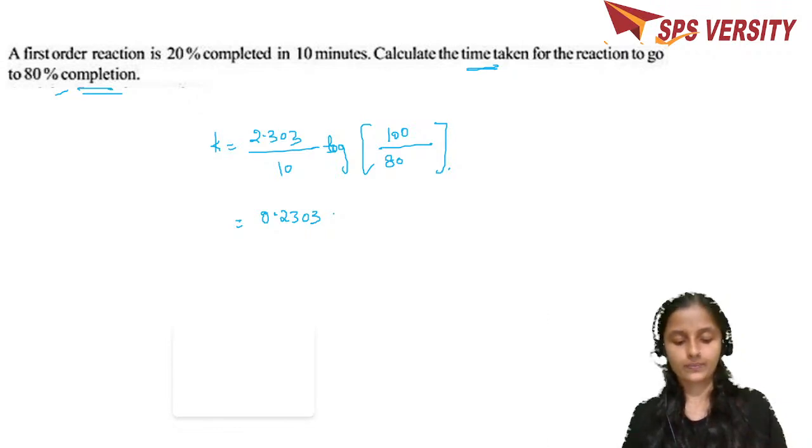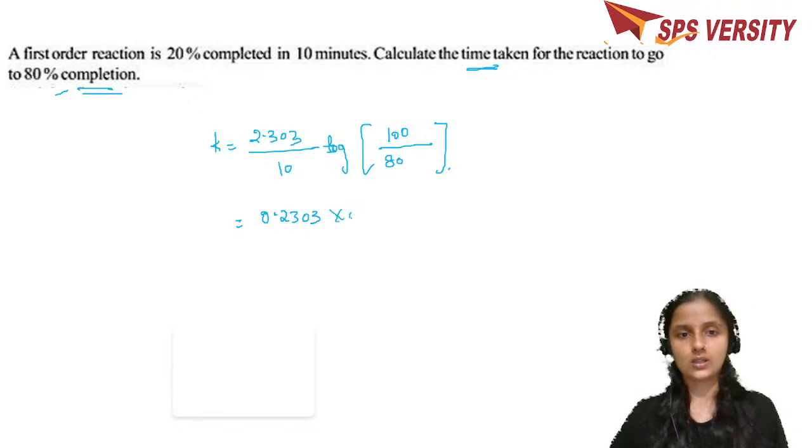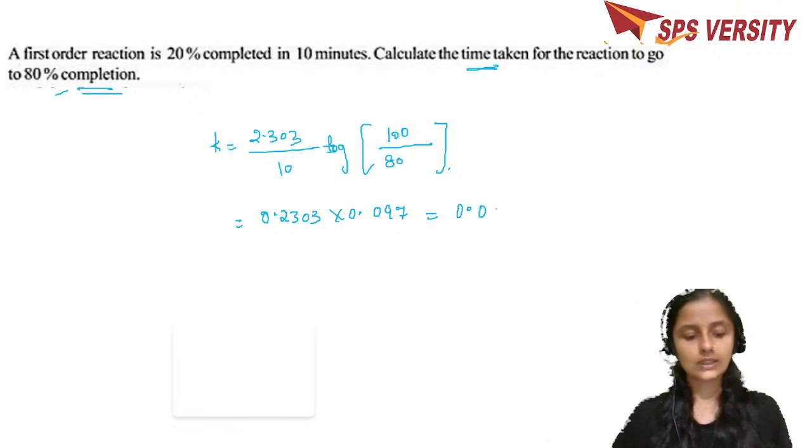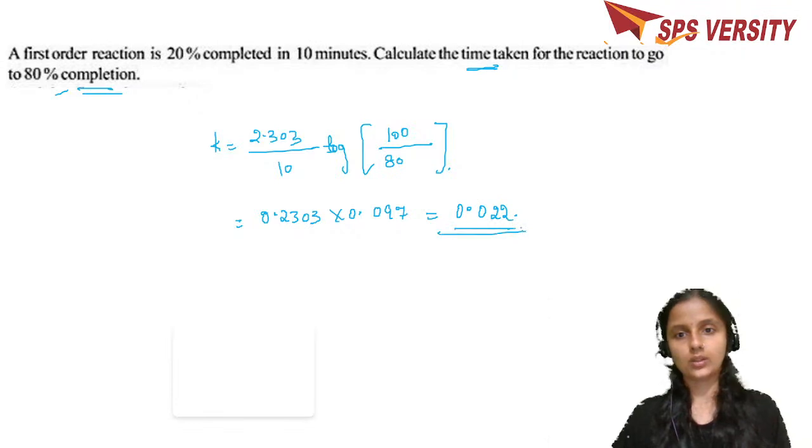So log of 100 divided by 80 is going to give you 0.0969 or 0.97. This multiplied by 2.303 is going to give you 0.22. Okay, unit. So this is 10 minutes. So this becomes per minute.